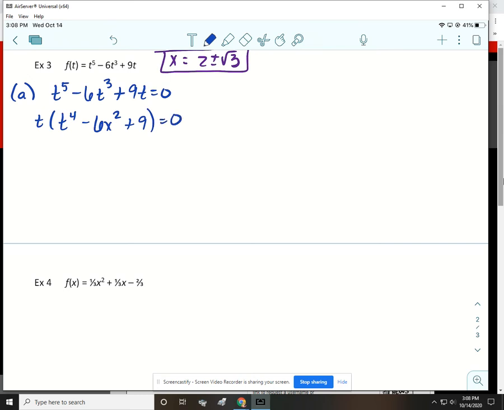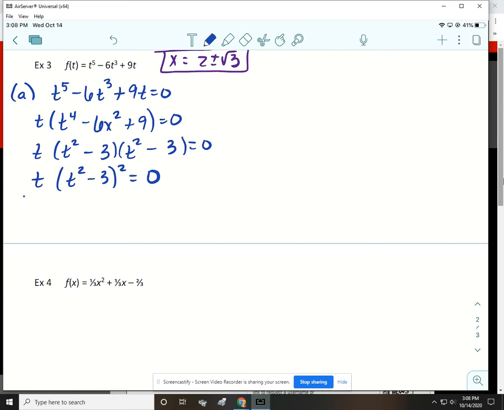Okay, this one will factor again, and it's kind of a strange one to factor, but for t to the 4th, it's going to be t squared times t squared, and then minus 3. Right, and then because that is multiplied by itself, I am going to rewrite it as t squared minus 3 quantity squared.